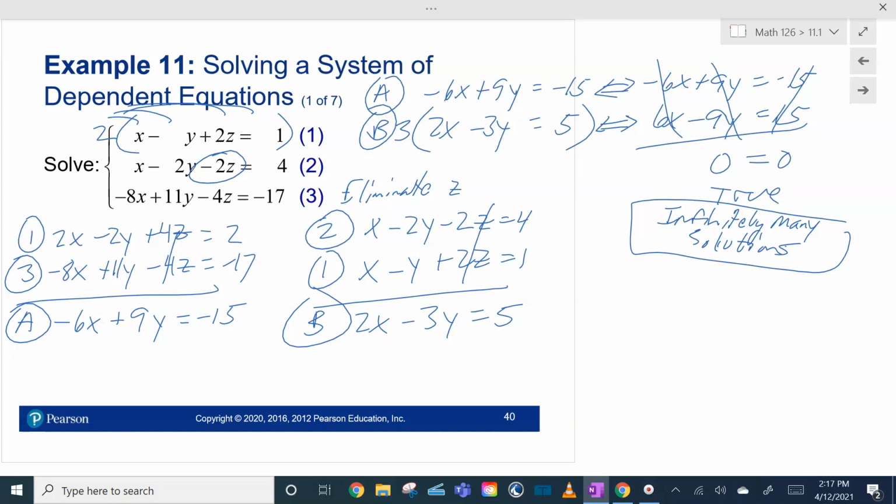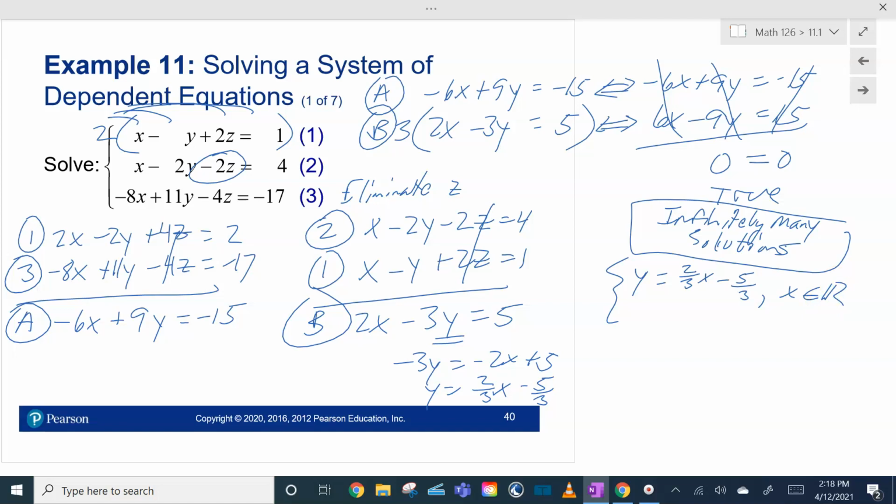So we can write the solution to the system as, if I solve this for y right here, divide by negative 3, I get 2/3 x minus 5/3. So the solution, you can write this as y equals 2/3 x minus 5/3, where x is any real number, okay?